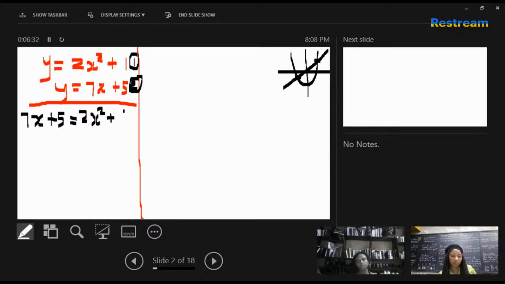Okay, miss. So now we're going to want all the x values on one side. So negative 2x squared plus 7x equals negative 5 plus 1.